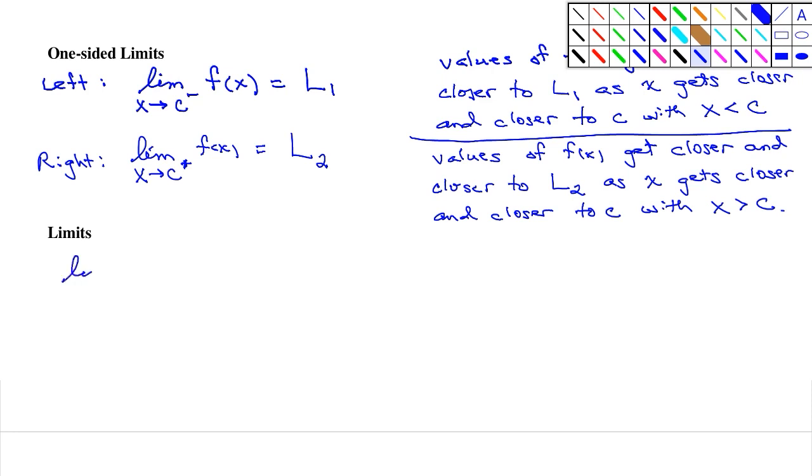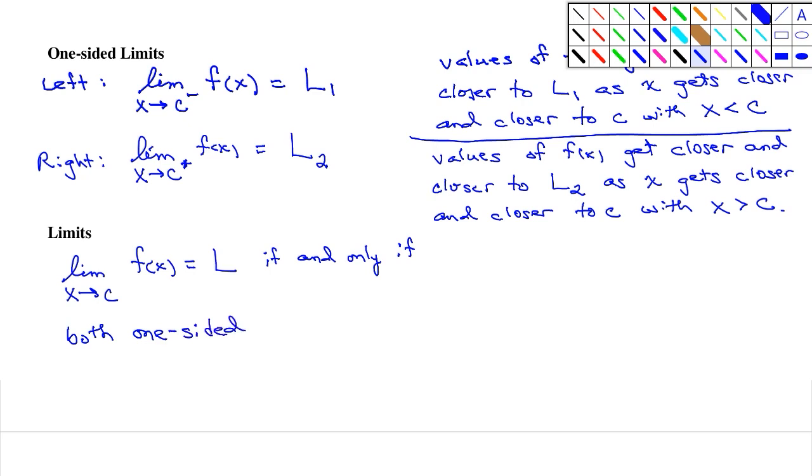And so that says the limit as x approaches c of f of x is equal to L if and only if both one-sided limits exist and have the same value. In other words, they're equal.